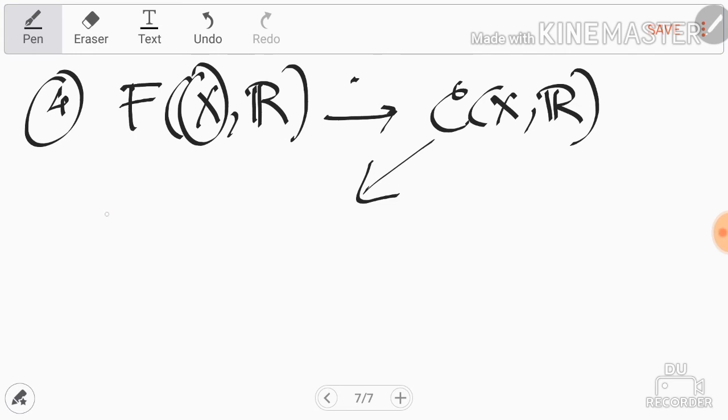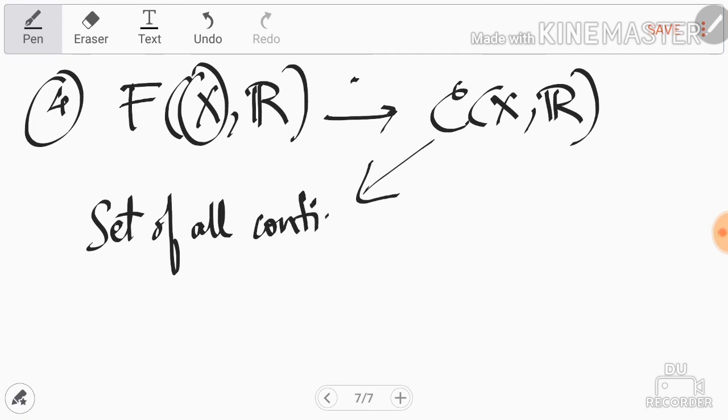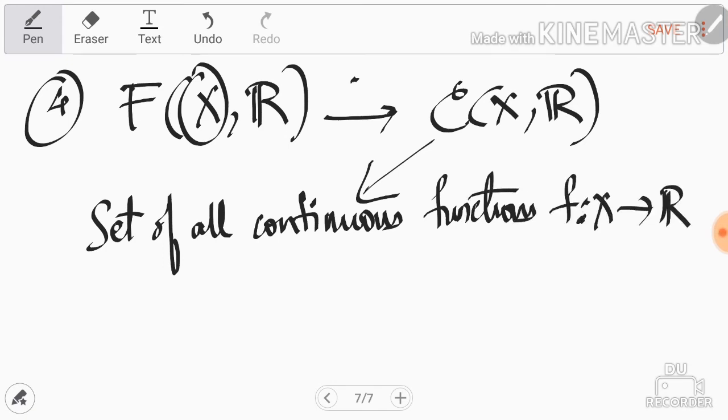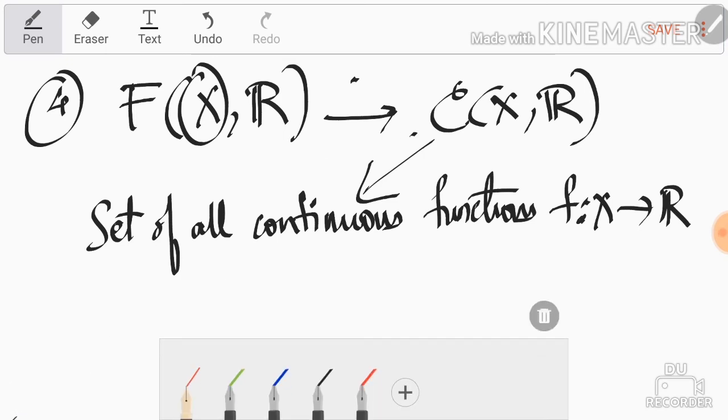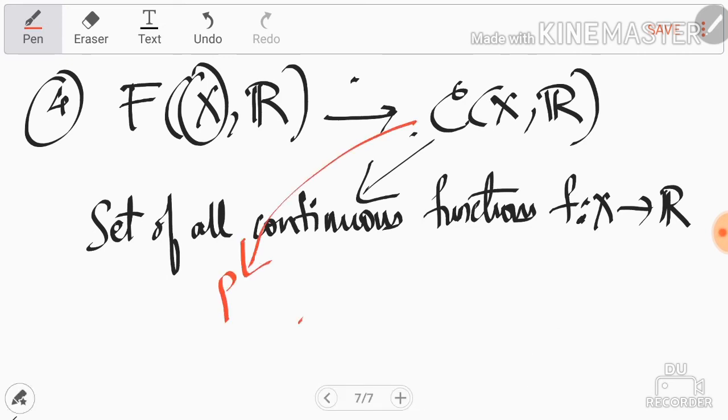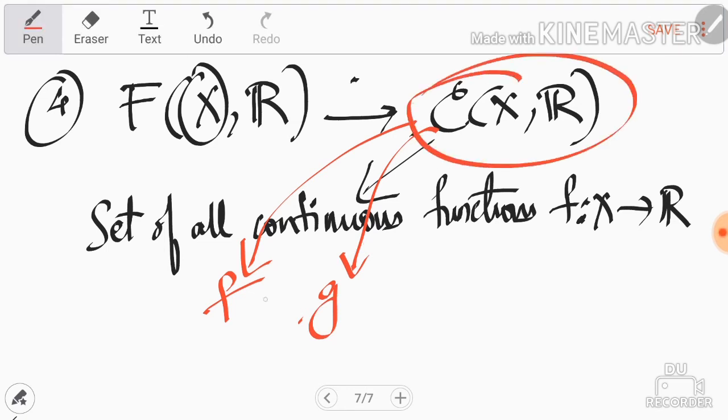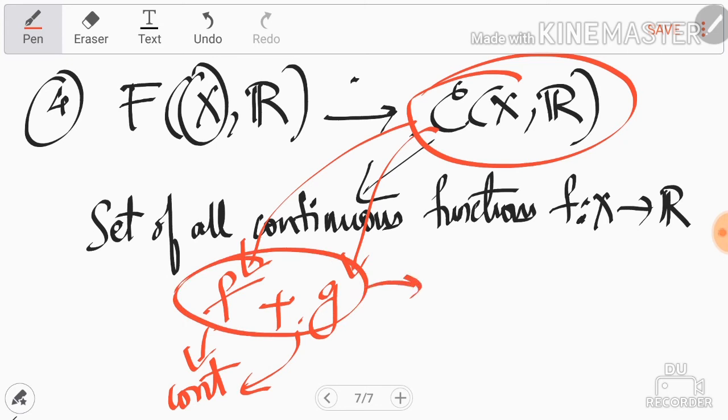C(X,R) is the set of all continuous functions f from X to R. Here also it's very easy to check that whenever you take any two functions f and g from this space C(X,R), it will mean that f is continuous, g is also continuous, and f plus g also turns out to be continuous.